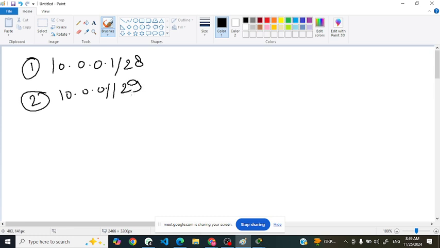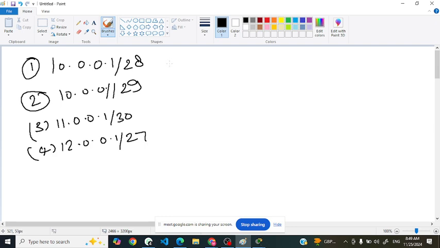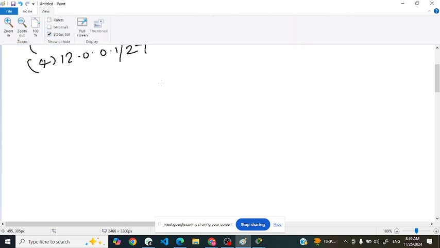So calculate for this one, 10.0.0.1 slash 29, and calculate for this one also. Solve these 5 questions. After that, we will discuss the next one.